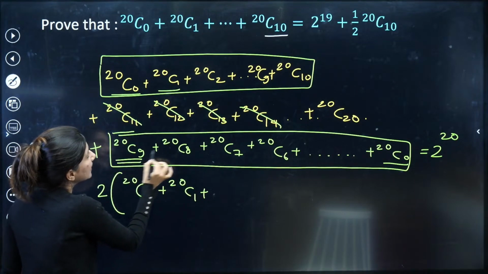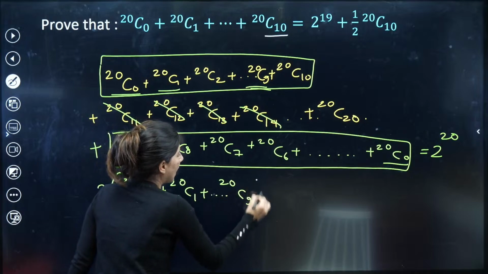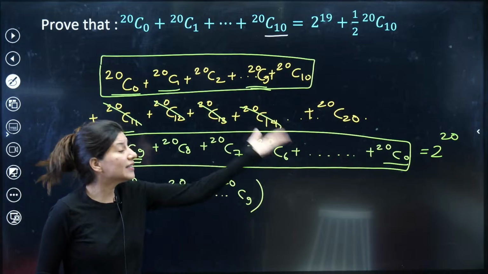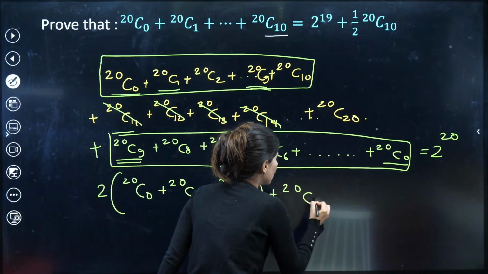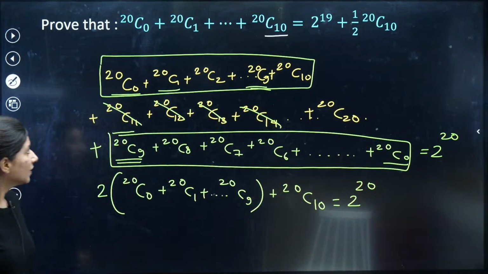Can you see 20C9 and 20C9 are again 20C9, and can you see 20C10? I am not having any 20C10 twice. 20C10 can be written down over here, and this is going to be 2 raised to power 20, right?